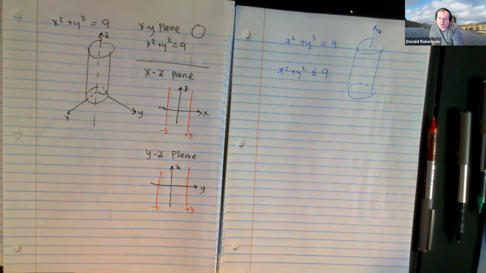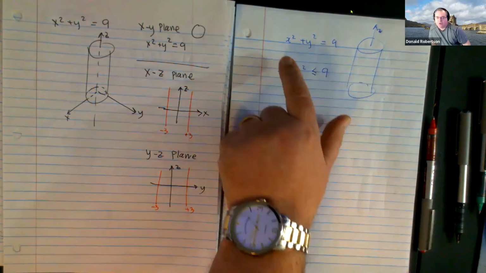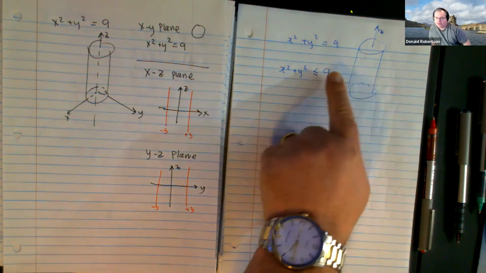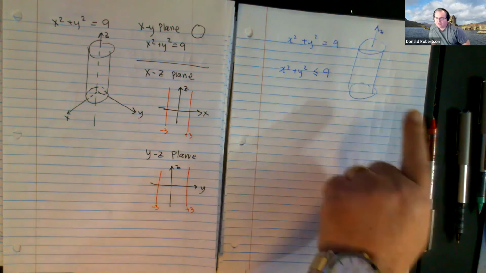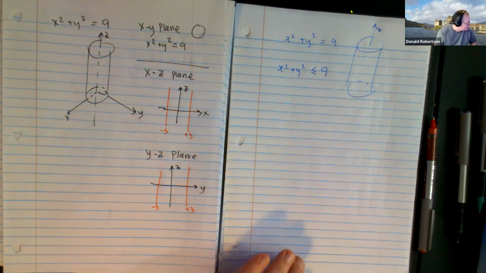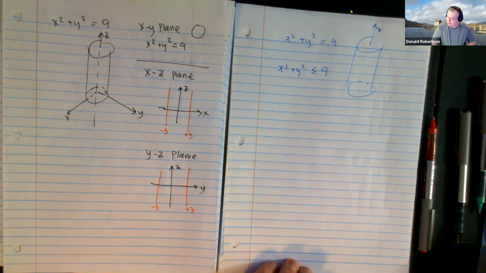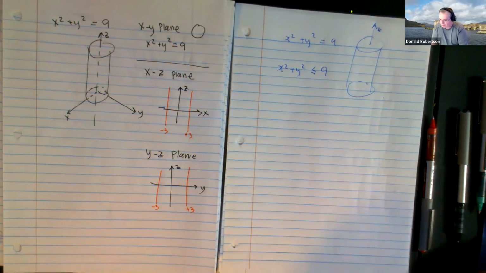What would all the points that have this property look like in 3D space? When it's equal to 9, you just get the points on the curved surface, right? But what would this look like? Would it be a solid cylinder? Yeah, a solid cylinder. It'd be like a metal bar. Hey, I've just modeled a metal bar.